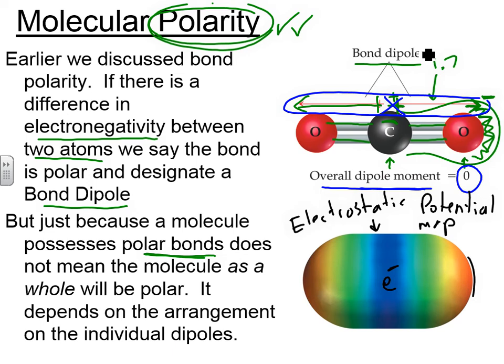Red is high electron density, and blue is low. That makes sense because the oxygen's on the outside, and that's the one that's more electronegative. Hopefully that makes sense. We're not going to do too much with these electrostatic maps, but you'll see them. You can draw one for every single molecule, and it color codes the electron density areas.